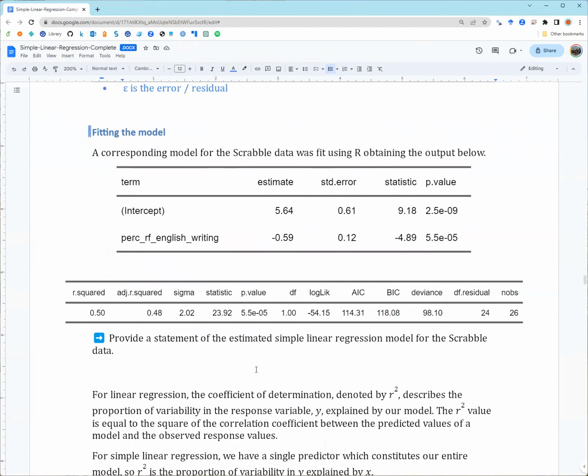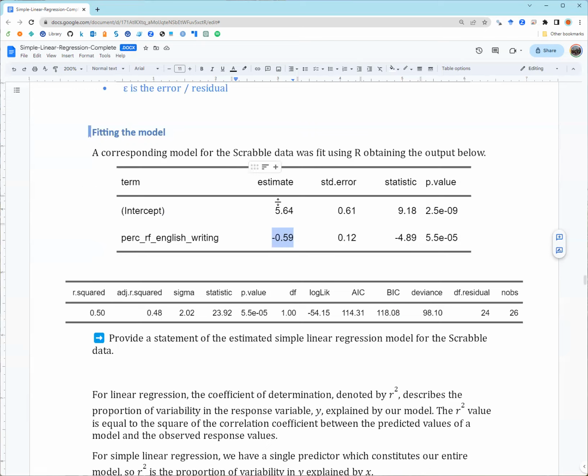Let's suppose we fit this model in R and we obtained estimates for the intercept, so this is beta naught hat, and the slope, so this is beta 1 hat. Note that R gives them in this table format when we use the code, which is included at the end of this document.